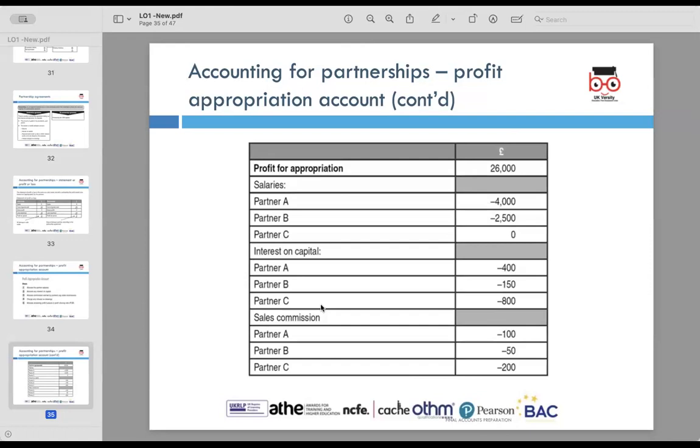The total profit earned by the partners during the period. Salaries are fixed amounts allocated to each partner as compensation for their role within the partnership. If you see, for example, ABC: partner A receives 4,000, B receives 25, and C receives a total of 4,500.